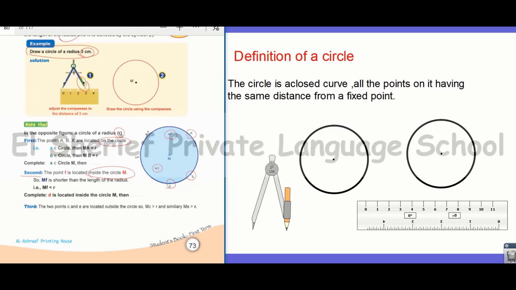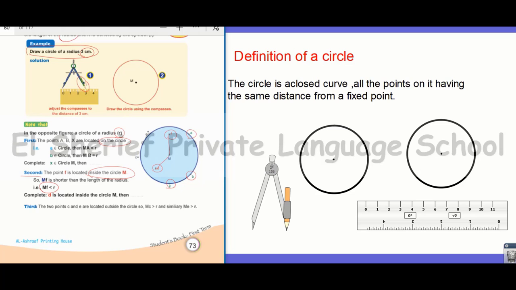And if we draw from the center to any point like M, D or M, F, MF is smaller than the radius.